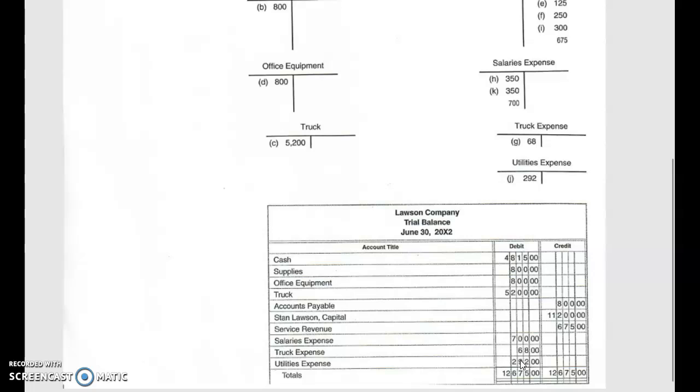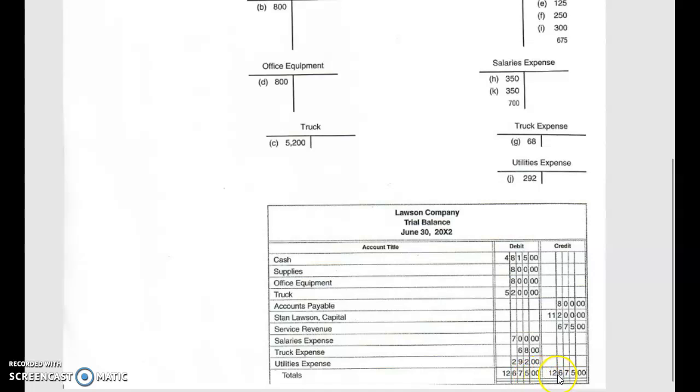After you finish listing all of your accounts, you add up all of your debits and put the total. Notice the double underline because that shows that that is the final number. Then you list all of your credits and add them up, and then you'll double underline your amount, and notice that your debits and your credits equal.